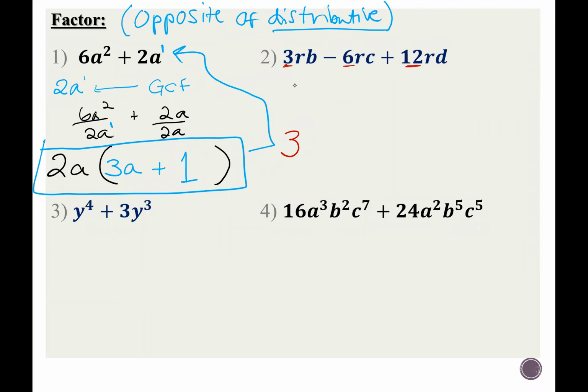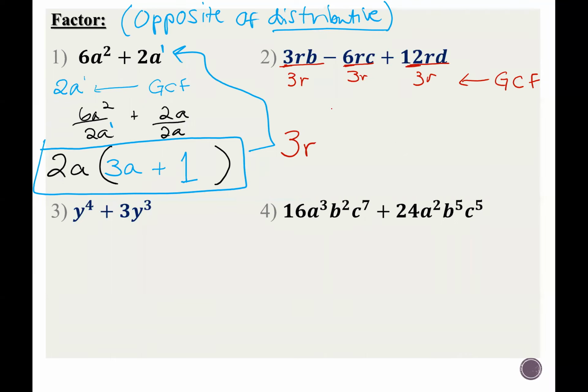And I'm going to show my work slightly differently here. I'm going to set this up, so I'll just start dividing by my GCF. Okay, what else do you see that they have in common? Well, there's a letter or variable that is the same, or that is showing up in each of these terms, and that's this letter R. So our GCF is 3R.